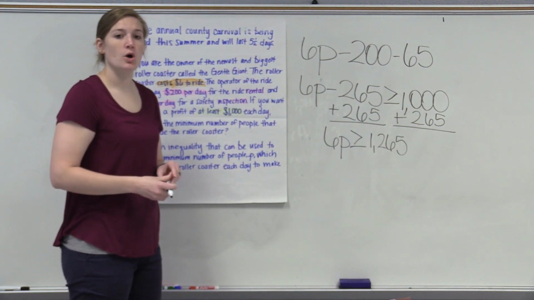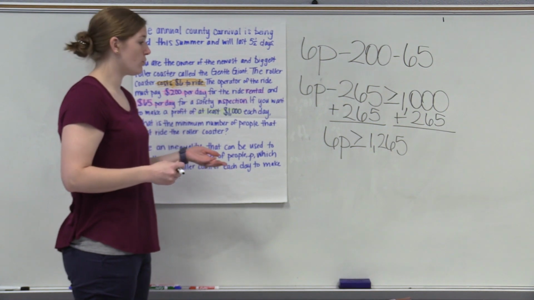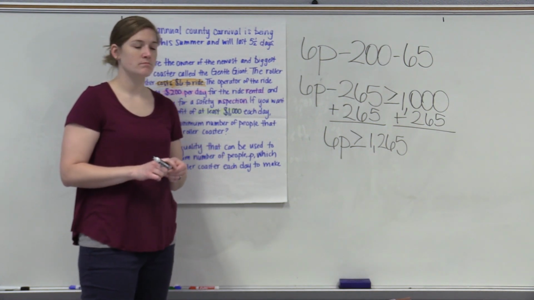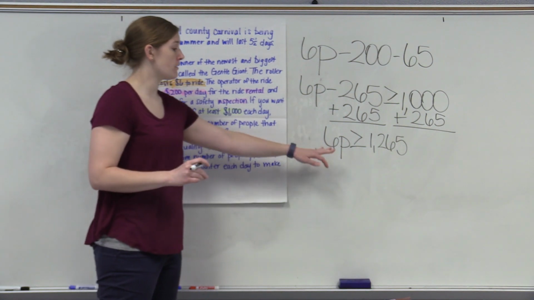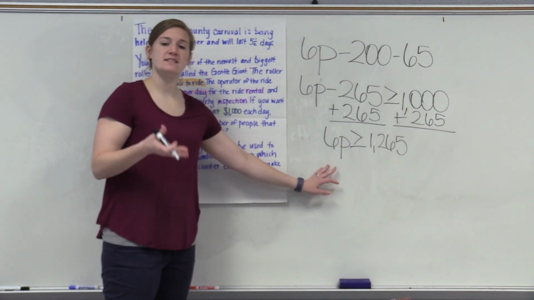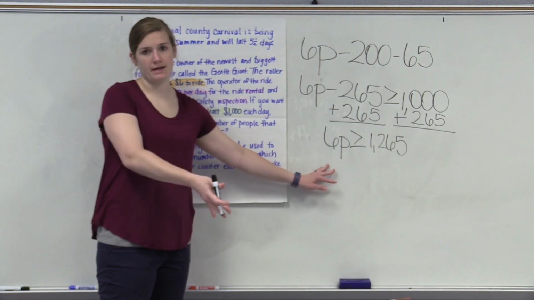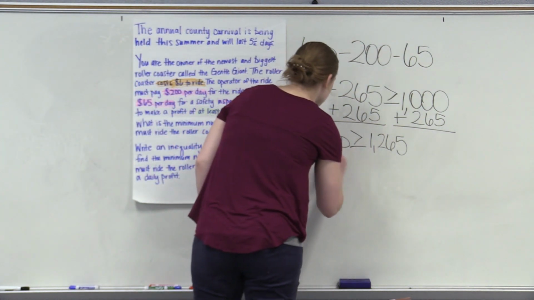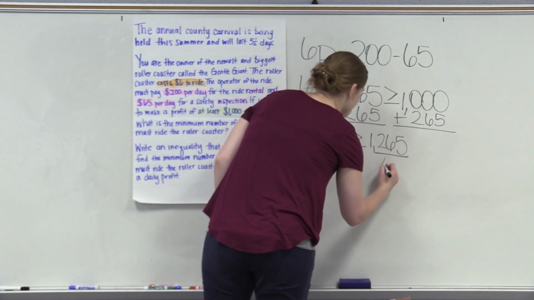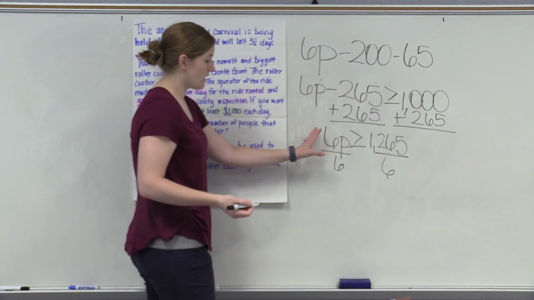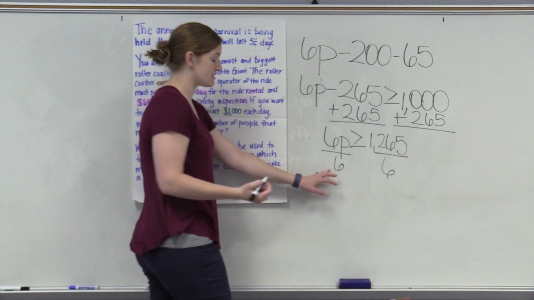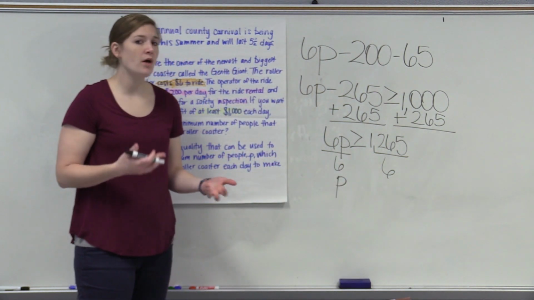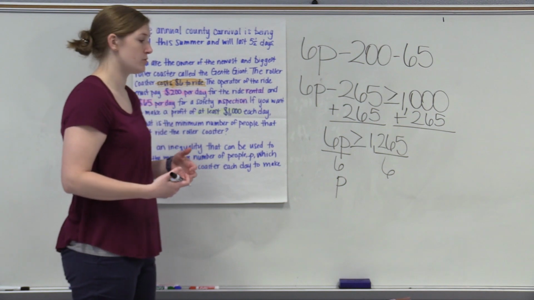Okay, so now that we have this inequality, what's our final step in order to isolate that variable? Well, P is being multiplied by 6. What's the inverse or opposite of multiplying by 6? Right, dividing by 6. So we're going to divide both sides by 6. Now, 6 divided by 6 does leave me with P. Keep in mind that sometimes when you have an inequality, you have to reverse that inequality symbol around.